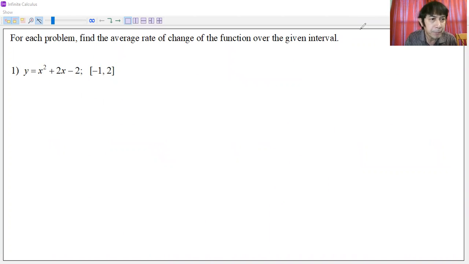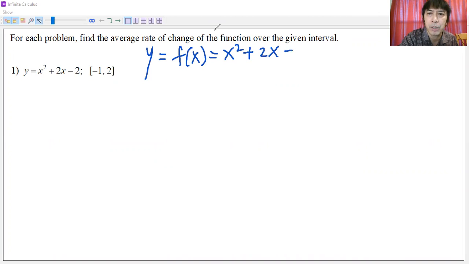All right. So here is the given function. This is y equals x squared plus 2x minus 2. So we can write this as a function of x. So y is a function of x, which is equal to x squared plus 2x minus 2. Now we're going to find the average rate of change from -1 to 2.